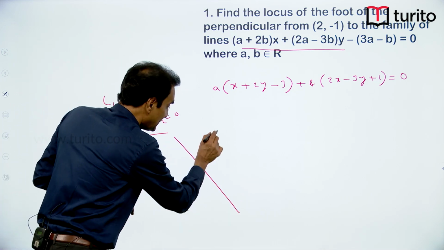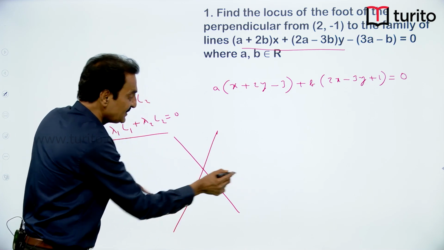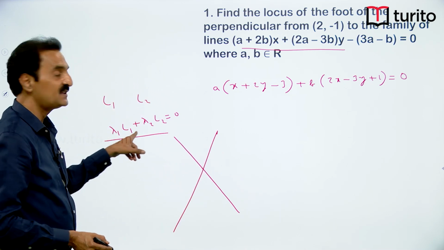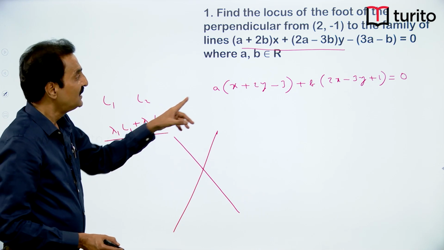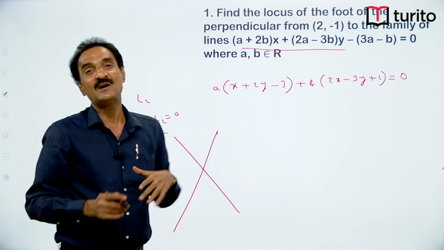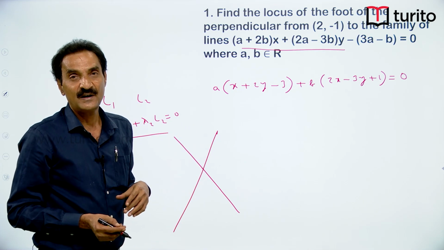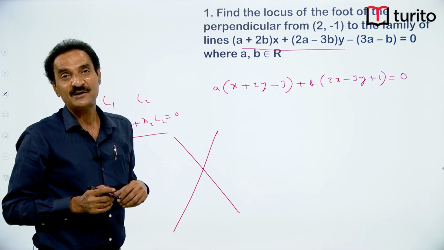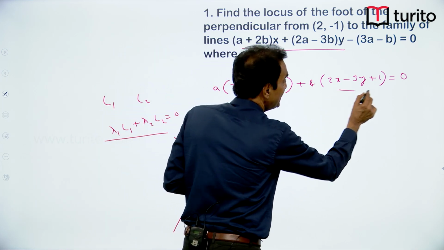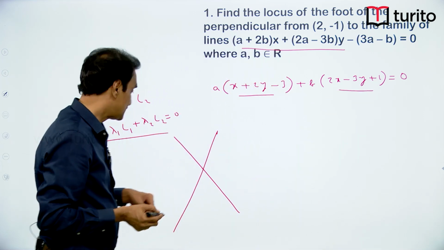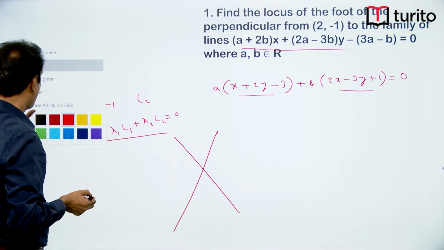Any line passing through the point of intersection will be in the form lambda 1 L1 plus lambda 2 L2 equals 0. So, this is a family of concurrent lines. And what is the point of concurrence? It will be the point of intersection of this line and this line. Let us find the point of intersection.